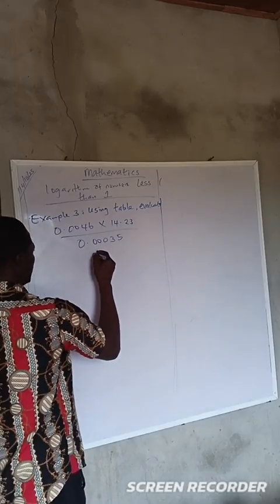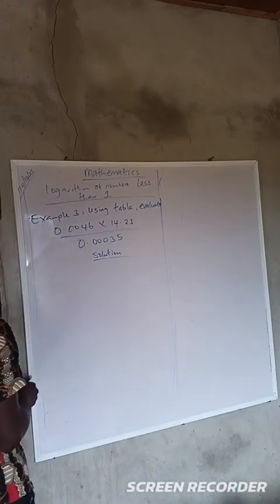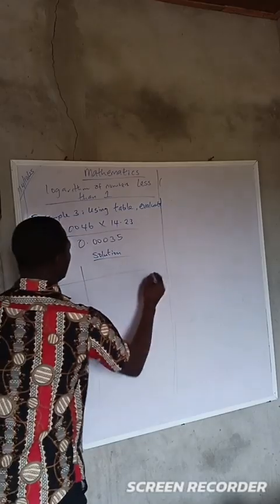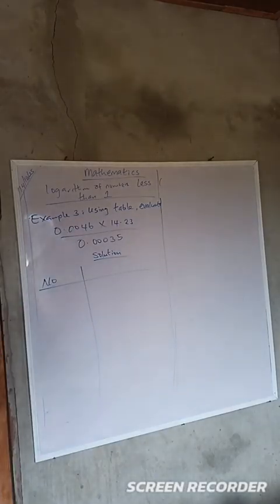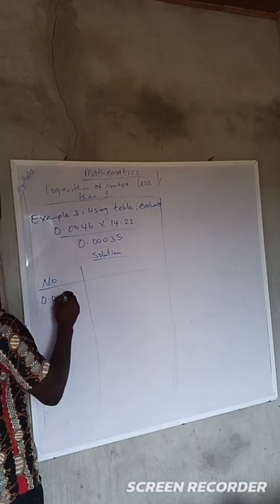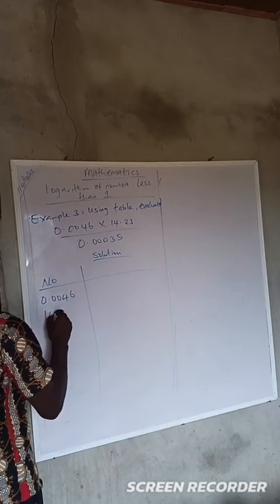Let's take this example. Solution. So given what you have on the board, 0.0046 and then 14.23.